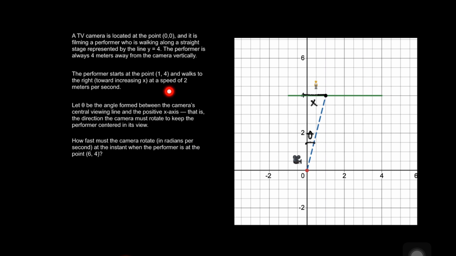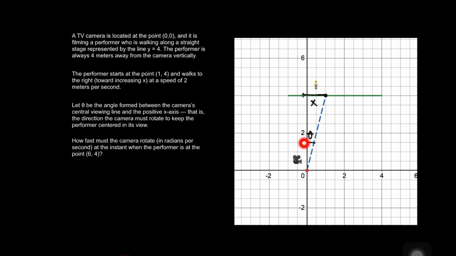I am told that the performer is walking at a speed of 2 meters per second. That's a rate of change. The word speed and the units, meters per second, are telling me that that is a rate of change or a derivative.